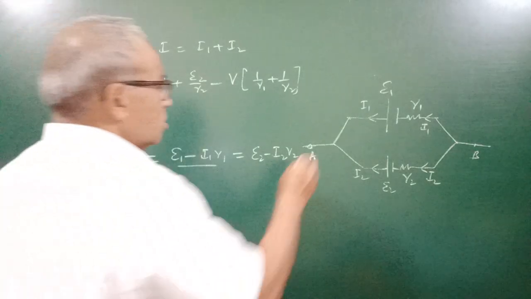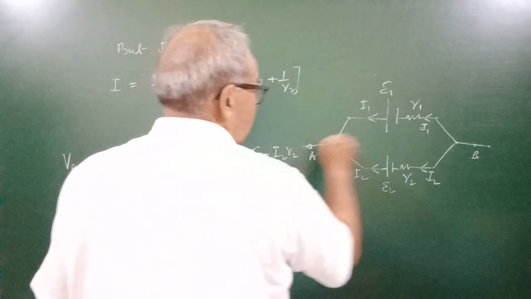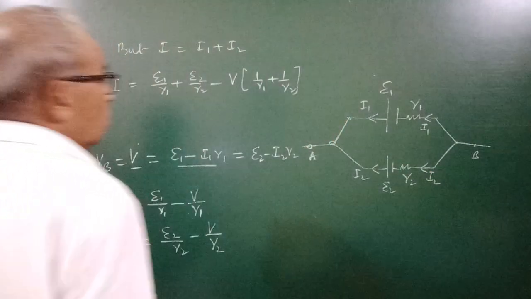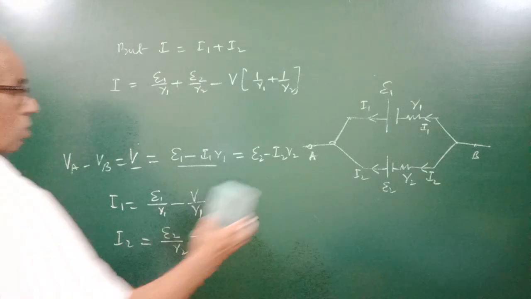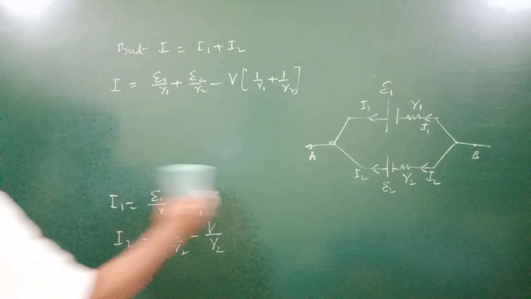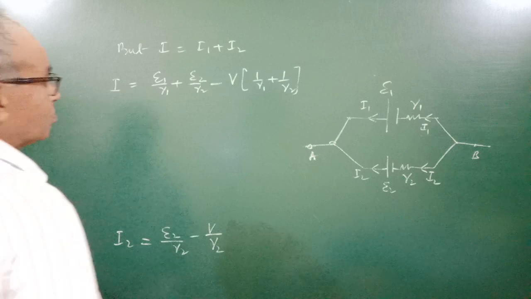What is our aim? What is this V? Terminal voltage VA minus VB. So we want to find out the equivalent. So we find V here.